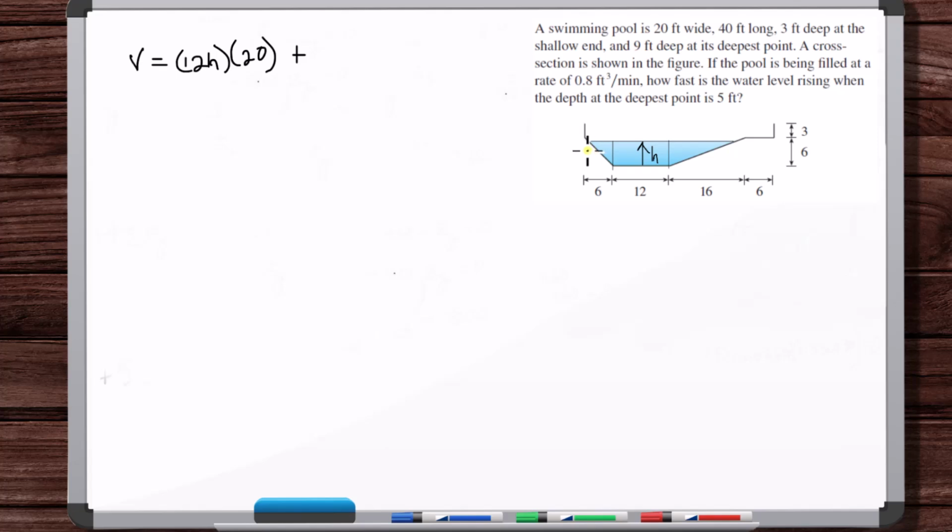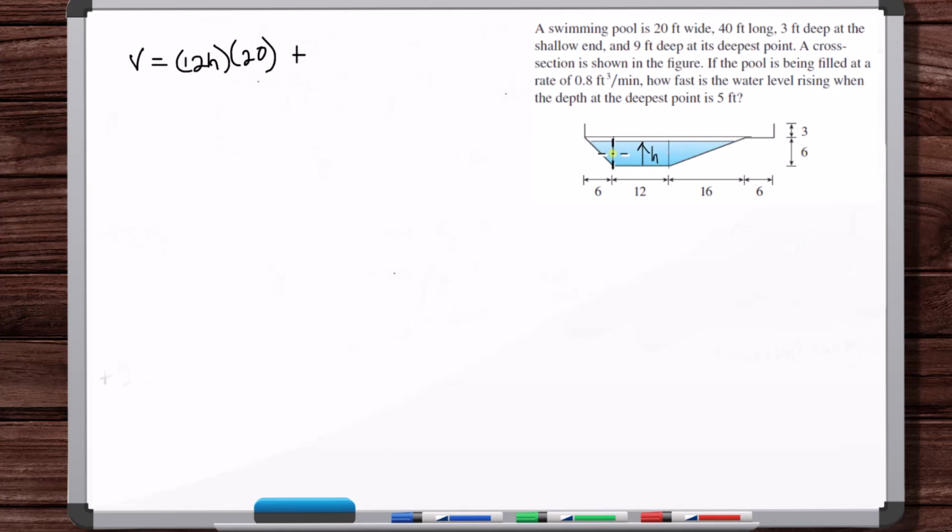Now, the area of a triangle is base times height divided by 2. The base here is not 6, it's shorter than 6. But we can use similar triangles. We know this larger triangle is 6 by 6. See how this extends?